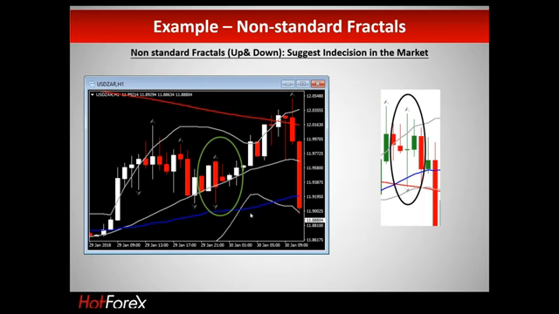It indicates just an indecision of the market, indecision for the traders on what direction they shall take. So when we have seen something like that, don't enter. Be patient and wait to see a clear direction of the market.